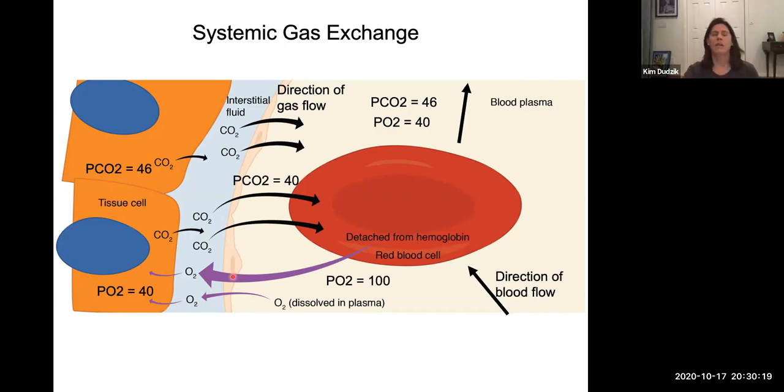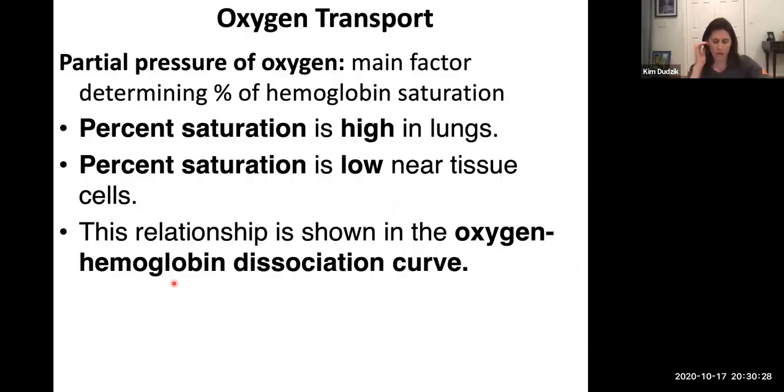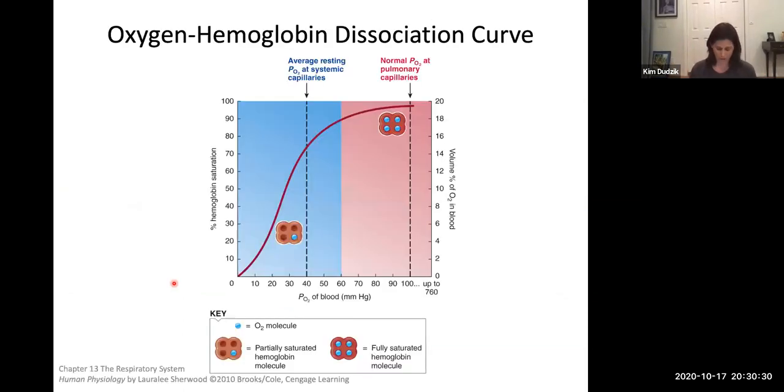Okay, so if I want to know what's the percent saturation of hemoglobin when the partial pressure is 40, because I want to know what it is at the tissues, we look down here on the x-axis, we go down to 40. And what I want to do is follow a line up until we hit the red curve right there.